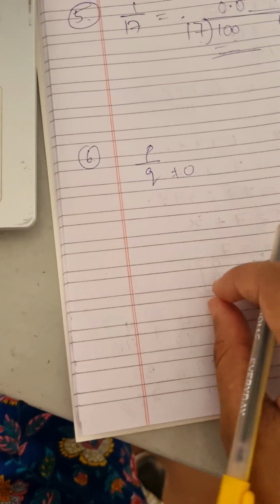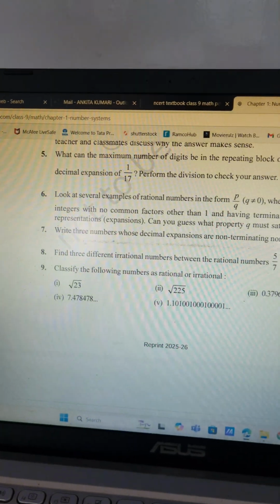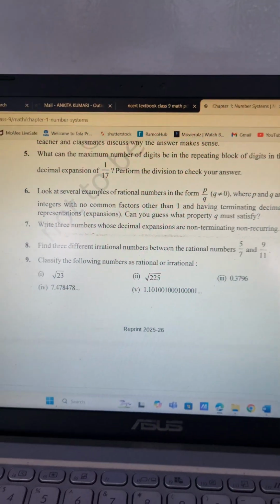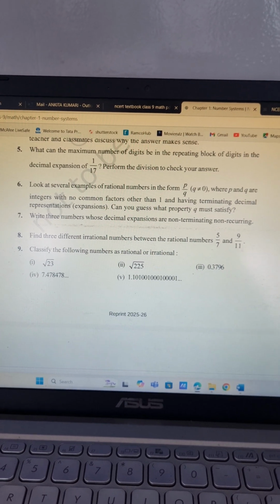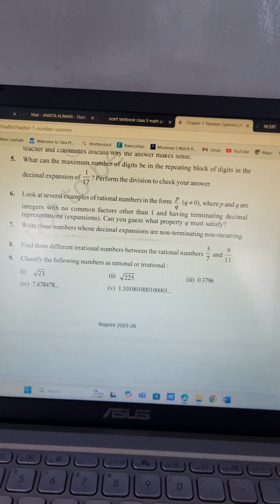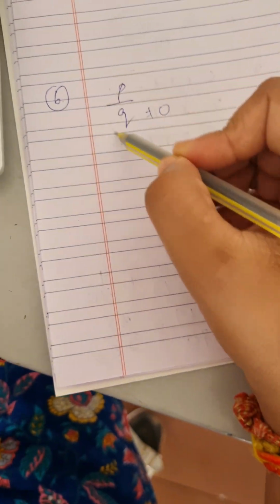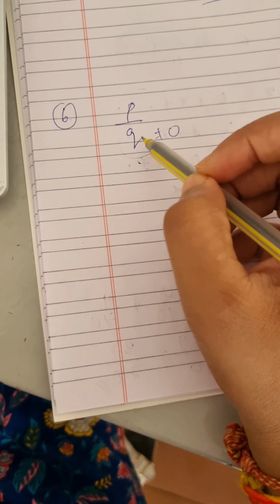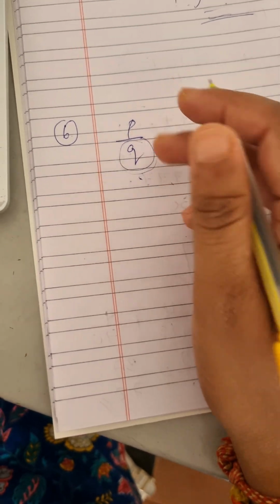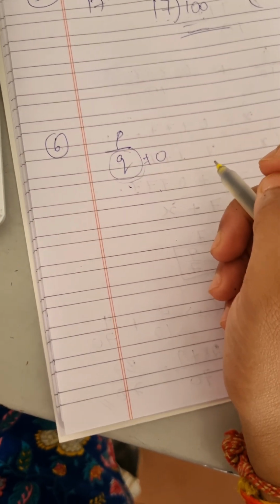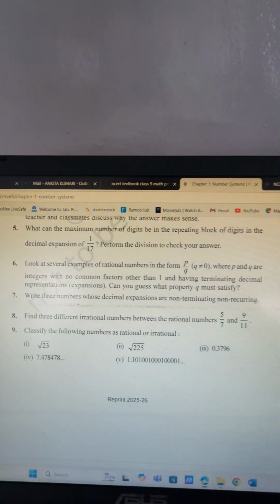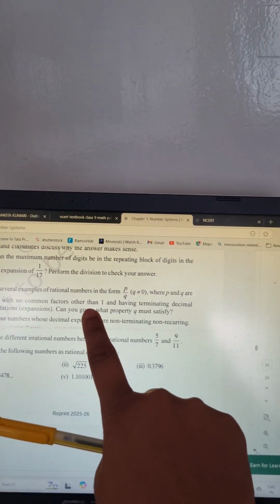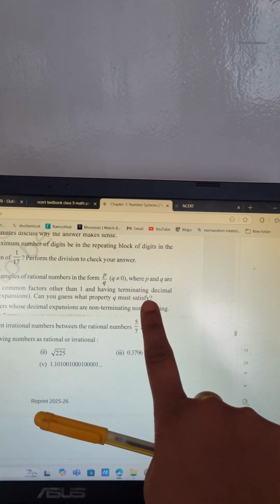Now the 6th question. In the 6th question we have been told to look at several examples of rational numbers in the form of p by q, where q is not equal to 0. Whatever number I write, q is not 0 in the fraction or rational number. Also they have told us, with no common factors other than 1 and having a terminating decimal.